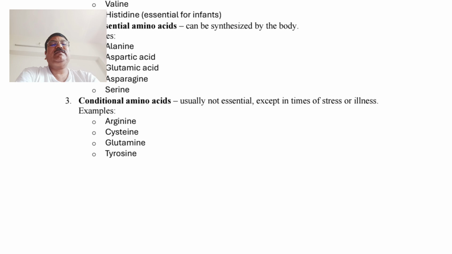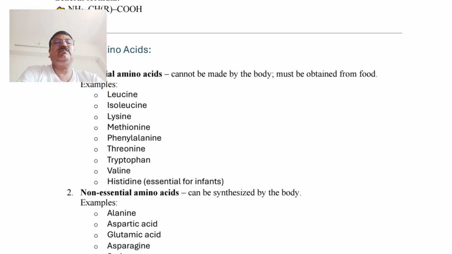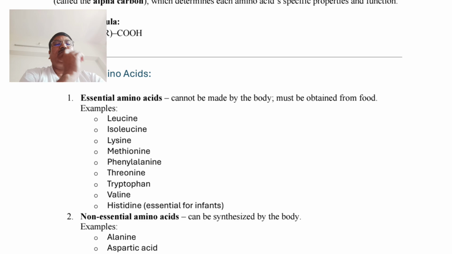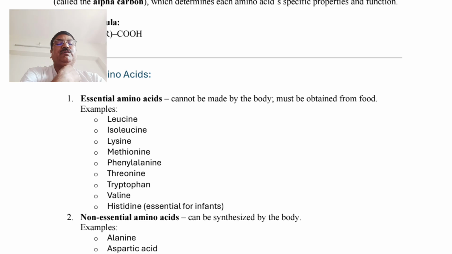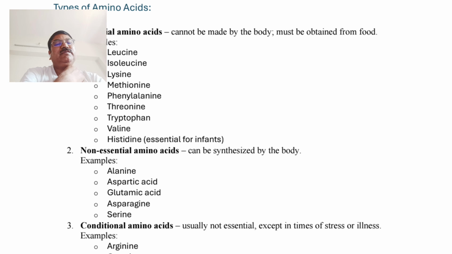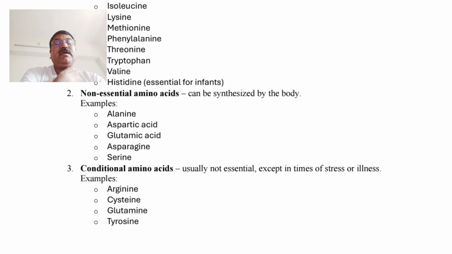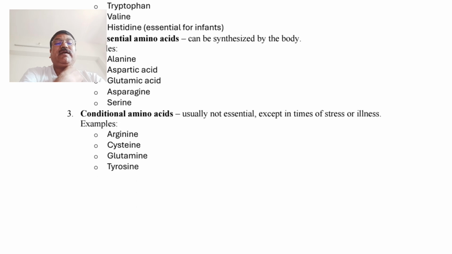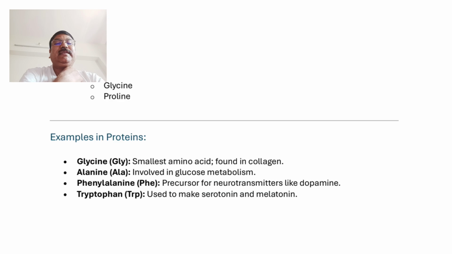So alpha amino acids are one of the essential building blocks which develop proteins and various kinds of vitamins also. So essential alpha amino acids are obtained from food, non-essential can be synthesized by the body, and some special alpha amino acids are required only at the time of illness.